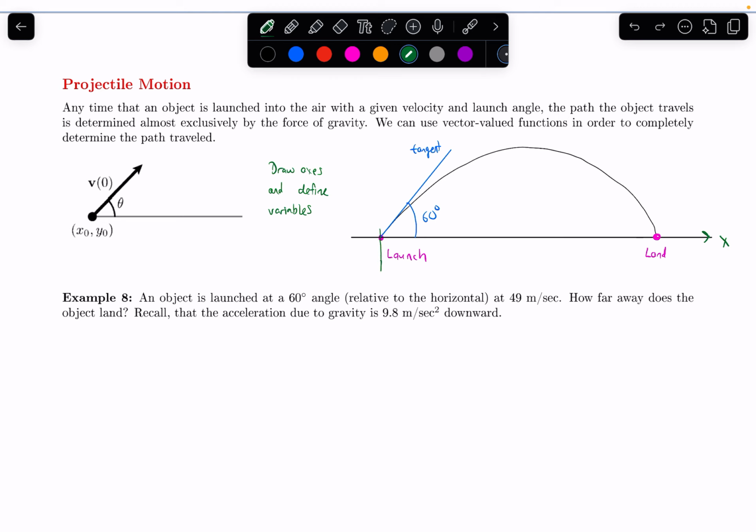So what variables should we introduce? Well, I know that there's time. So let's let that be t. t is going to be the number of seconds after this object is launched.